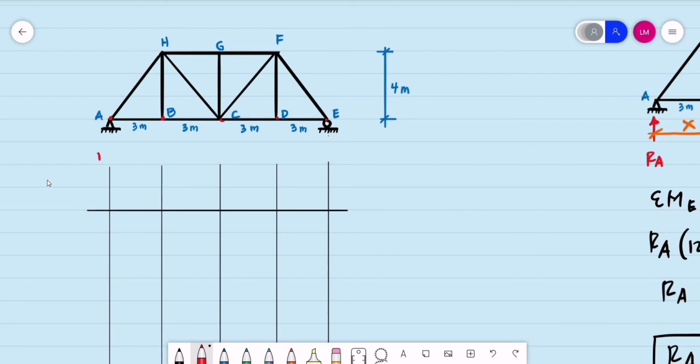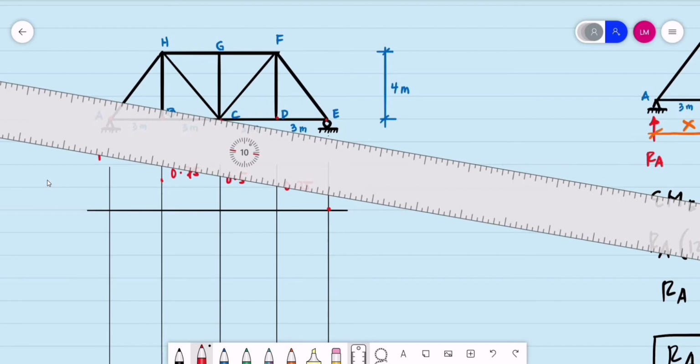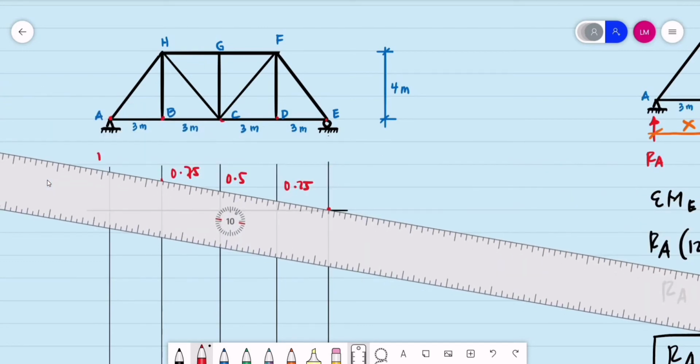Then at x equal to 3, that is 0.75. At x equal to 6, that is 0.5. At x equal to 9, that is 0.25. Then at x equal to 12, that will be 0. So the appearance of the influence line diagram for the reaction at A will be this one.